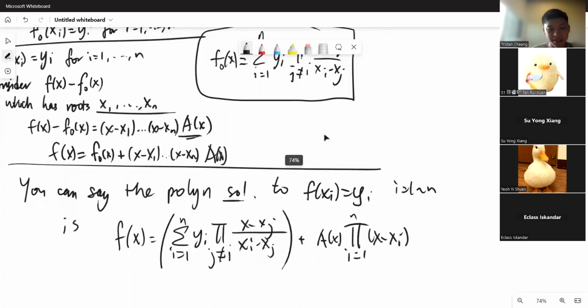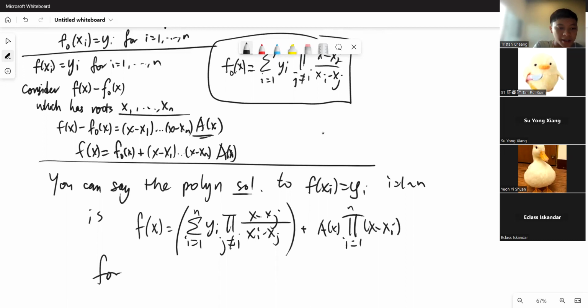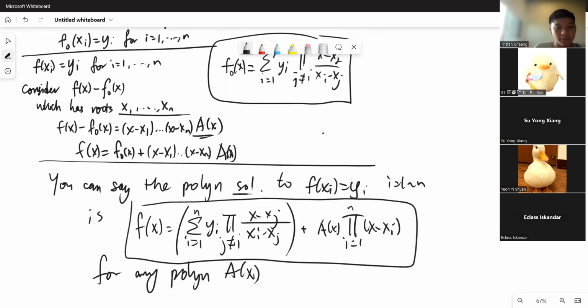This is basically the full solution, all of the solutions to this condition.